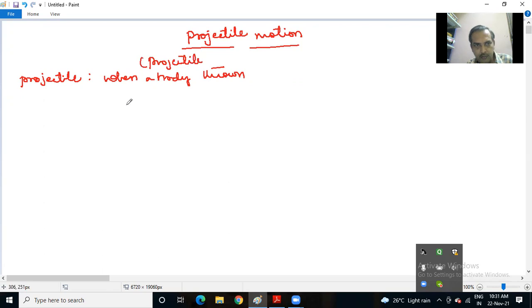The first option is that it may be thrown horizontally from a certain height.